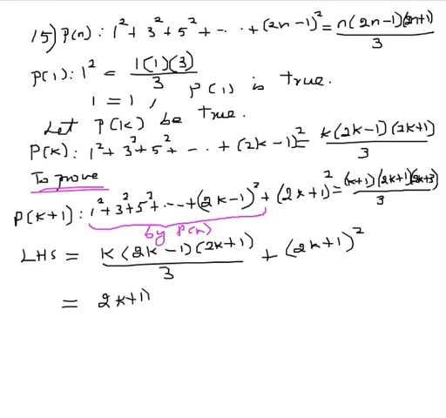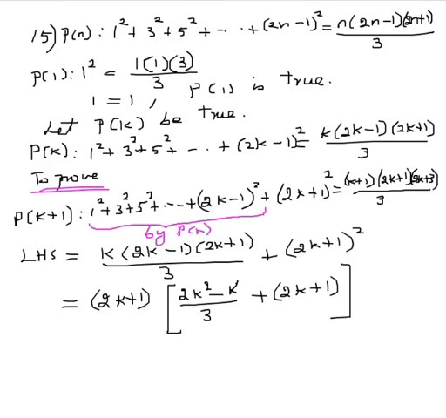Take out the common factor. 2k plus 1 is common. And we have the other two factors. I am multiplying, divided by 3 and plus 2k plus 1.